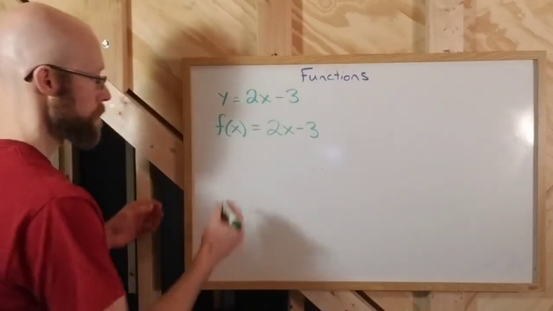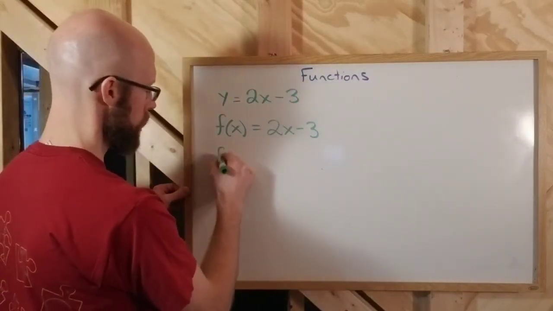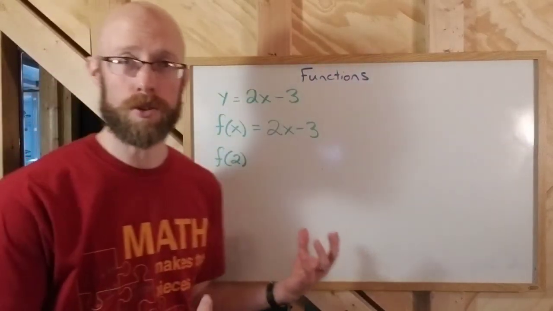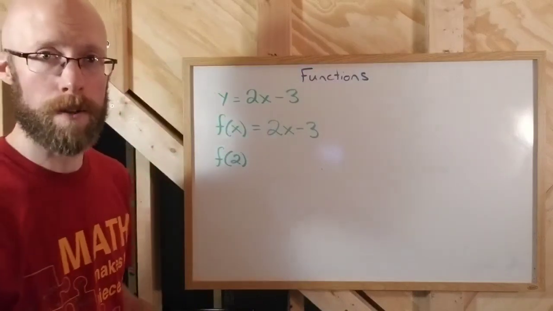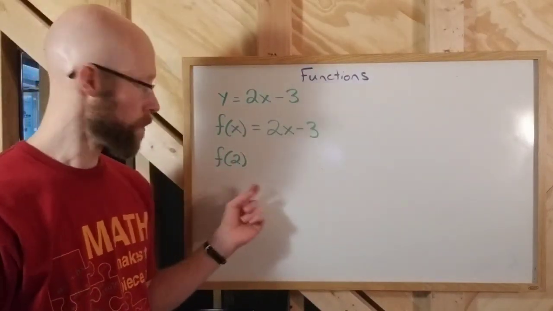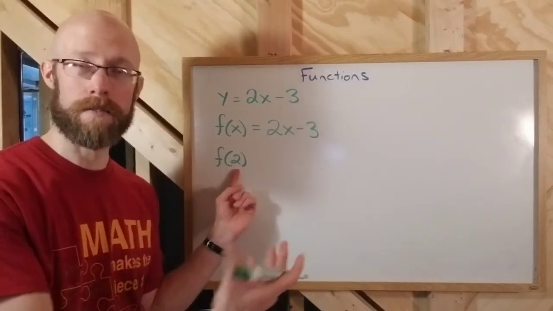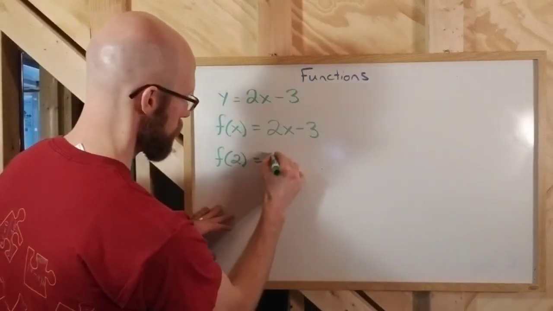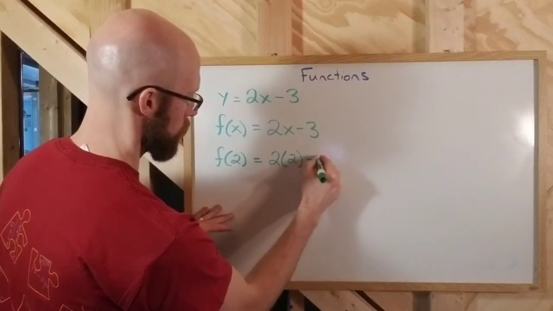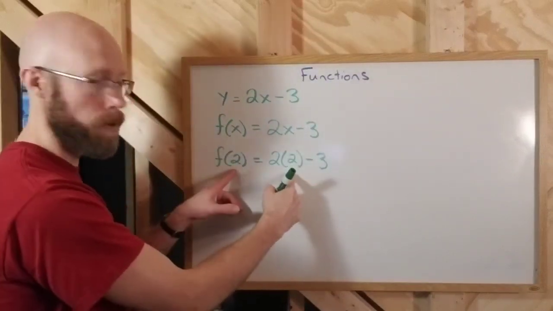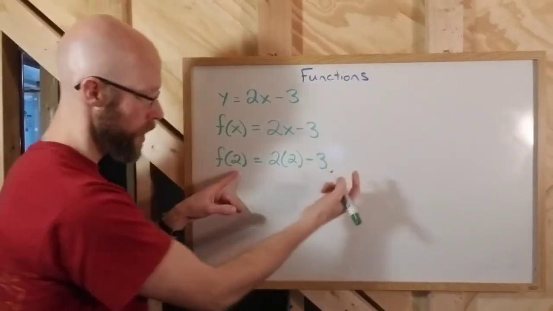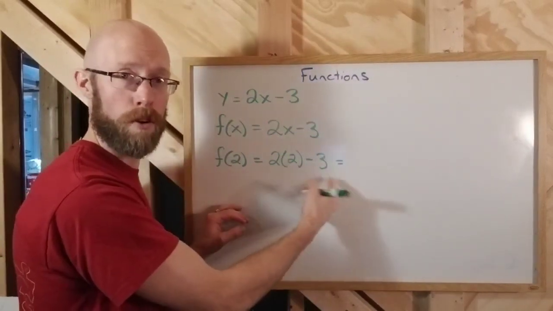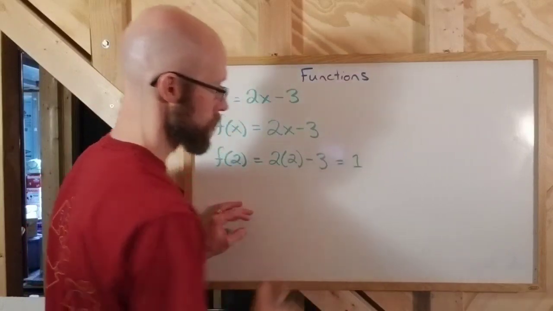For instance, if I wanted to find the output when the input is 2, which I did earlier, it ended up being 1, I would write f of 2. 2 is what you plug in. That's why it's in the parentheses. You're plugging it in. And then you replace the variable with that number, the input, do the calculation, and 2 times 2 is 4, 4 minus 3 is 1, answer is 1.